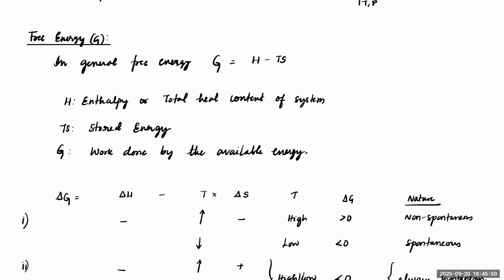And when I measured the total amount of enthalpy in my body, that means everything that is present in my body, if I convert that into heat, how much energy I can have. Let's say I calculated that and I have 20,000 calories in total. The total heat content in my body is 20,000 calories.